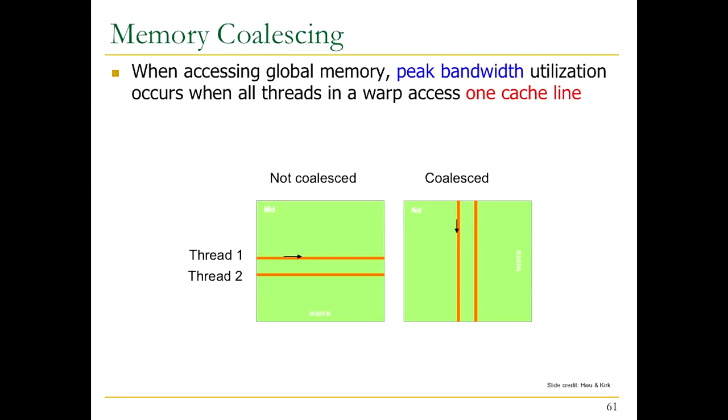In order to have the most optimized, the most efficient memory accesses, we need to coalesce. We need to have coalesced memory accesses. And what is a coalesced memory access? A coalesced memory access essentially means that the 32 threads that belong to a warp access the data elements that are in one cache line. Typically, the cache line size is 128 bytes. So this corresponds to 4 bytes per thread.